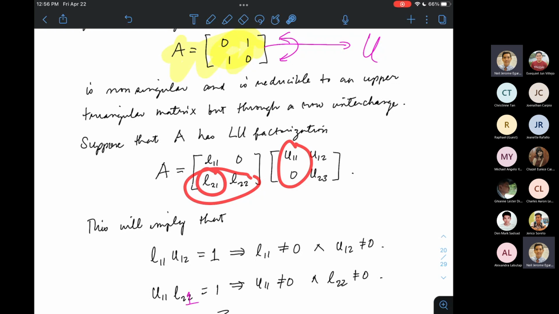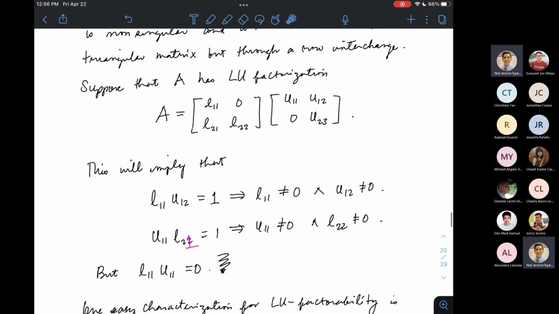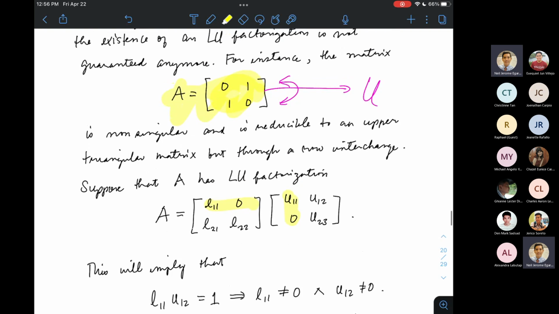U11 times L21 ay equal kay 1. So that means U11 and L21 should not be 0. Non-zero sila. And everything is still fine until I get this guy times this guy. So I'll get U11 times L11 ay dapat equal kay 0. Right? So yun yung product na yun.